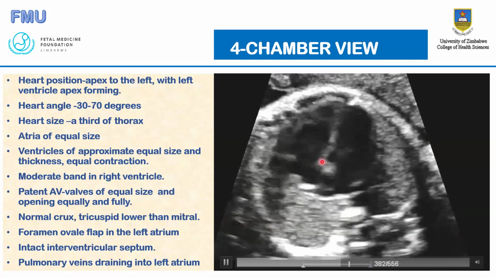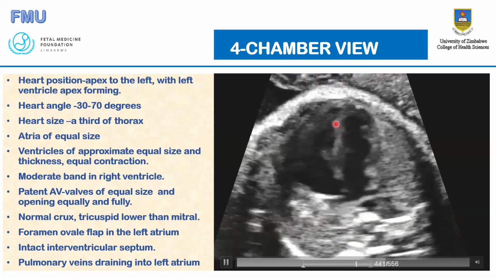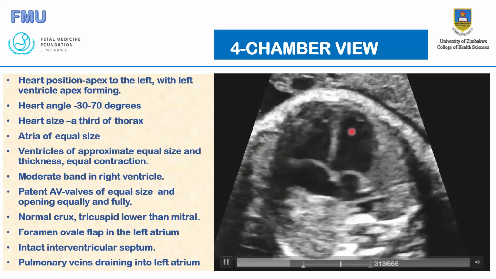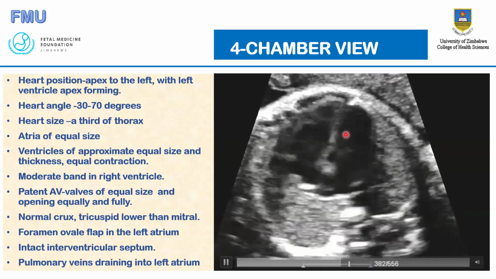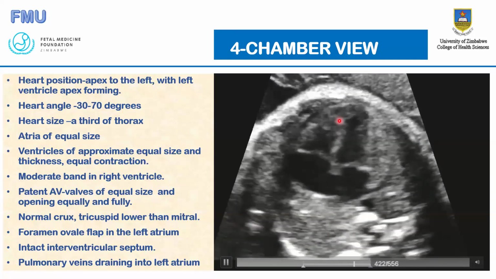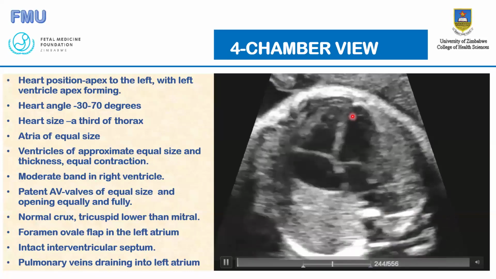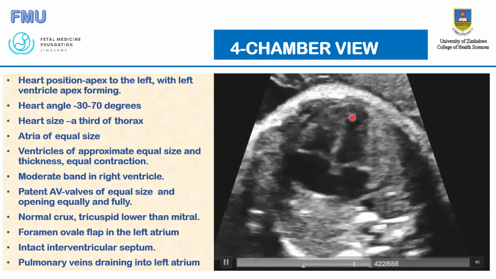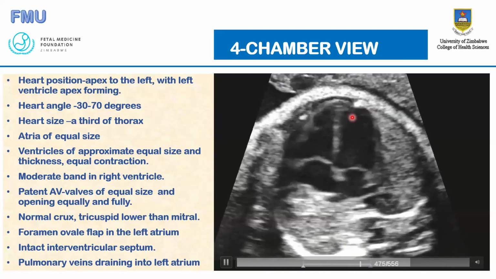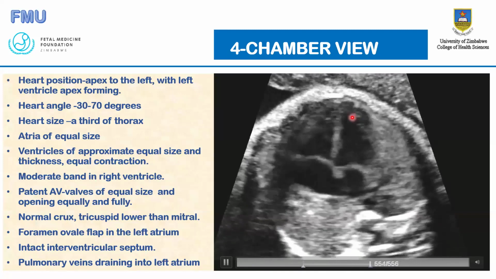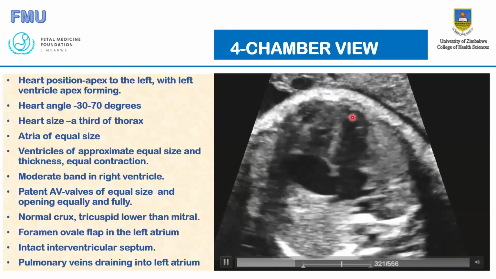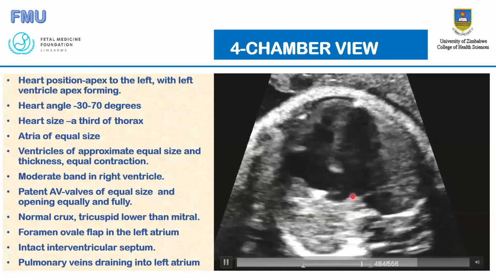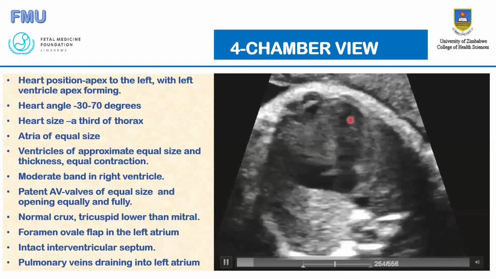I've already taken you through how to identify the right and the left. The left ventricle has no moderator band, and it is the one that forms the apex of the heart. This is the apex. The apex is the very tip or the distal tip of the heart. In a normal heart, the apex should always be formed by the left ventricle, as you can see there.